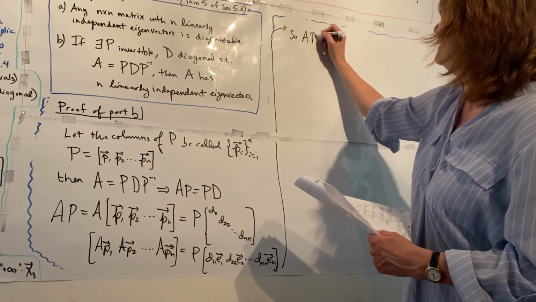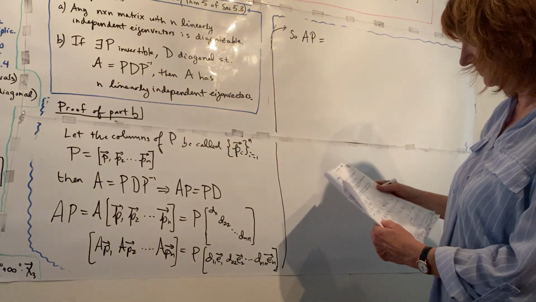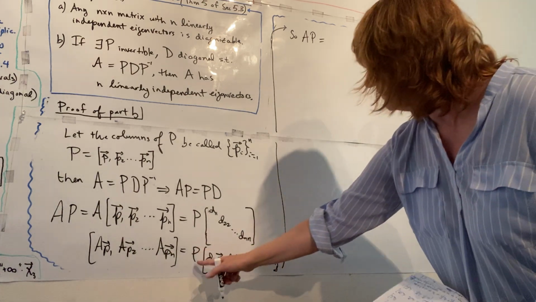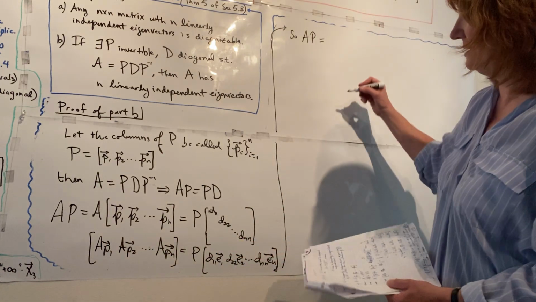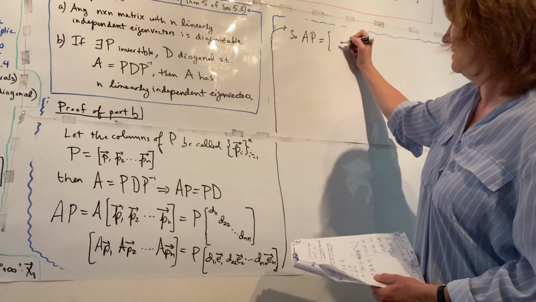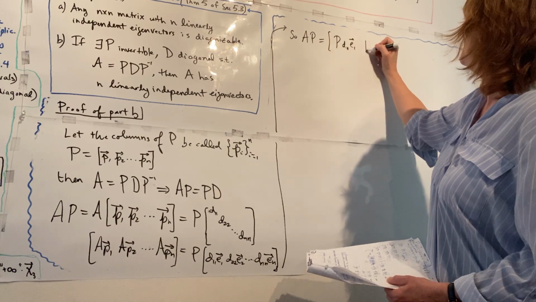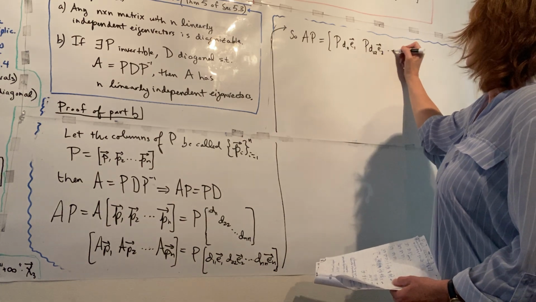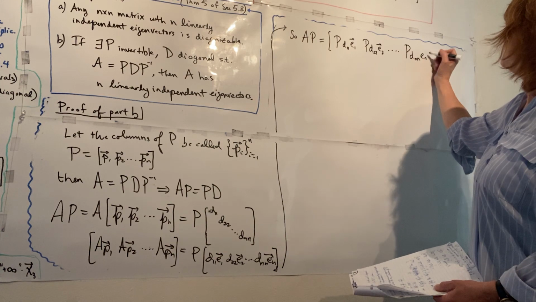So I have P, this matrix multiplied by all this. I'm going to use the trick and write that as P D11 E1, P D22 E2, P Dnn En.